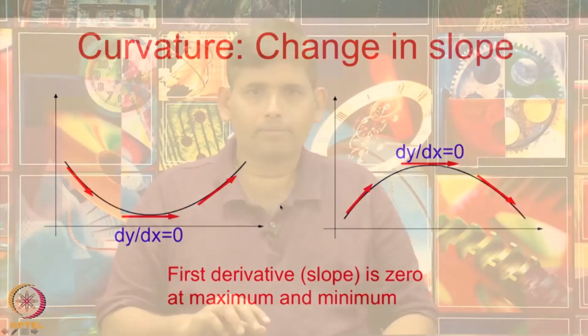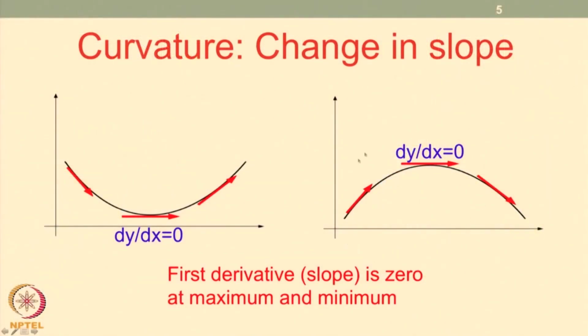This is the thing that we should understand. If the second derivative is positive, you will have one kind of curve. If the second derivative is negative, you will have another kind of curve. This is always important to remember. In this case, the second derivative has a different sign from the second derivative in the other case.